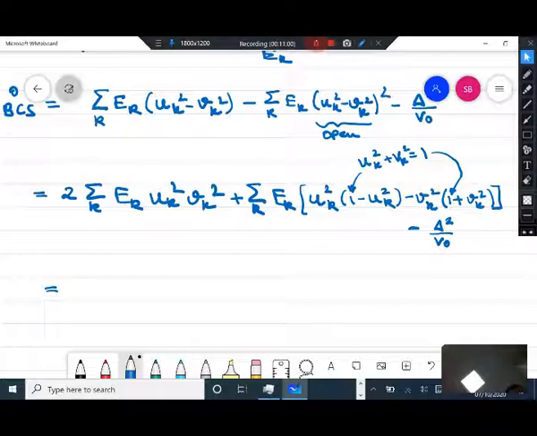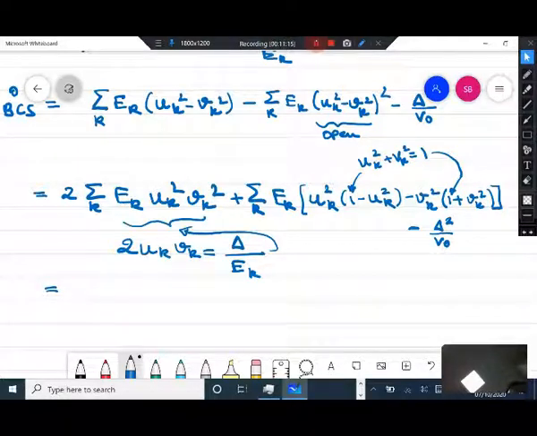Okay, and if you use here, it is equal to k. Okay, so if you substitute this expression here, then you will get this as delta summation over k, minus delta square by V naught, which is already here.